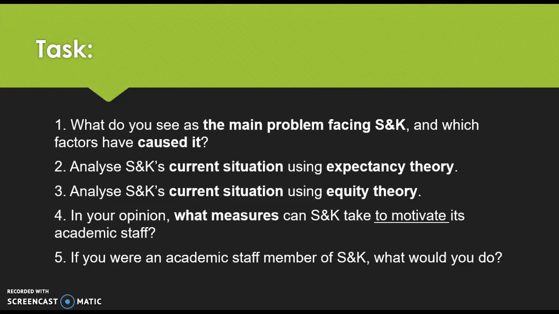Maybe motivation in education institutions, maybe motivation and academic staff. These are search terms. Maybe expectancy theory and academic staff or higher education. These are some of the search terms you'll use. So that's my suggestion on how to answer these questions.